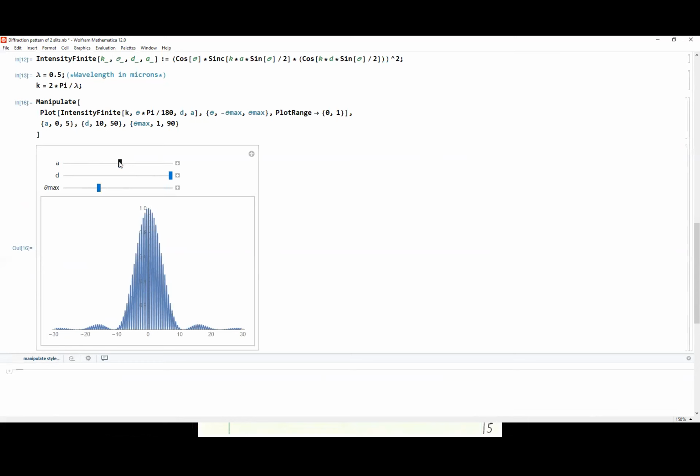And we say that the effect of the aperture size produces a slower variation because, well, look at it. The pattern that changes when we change the aperture size has a peak here and another peak there. The pattern that changes when we change the spacing between the slits has a peak here, a peak there, and so forth, all right?